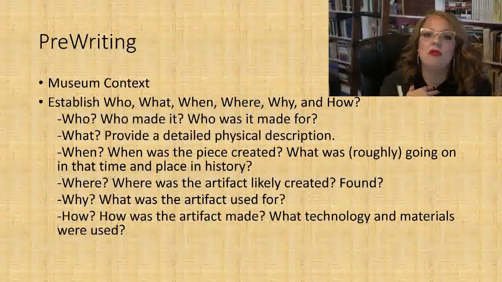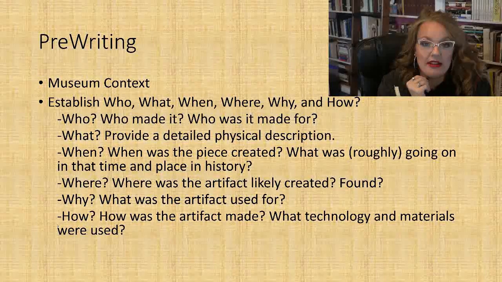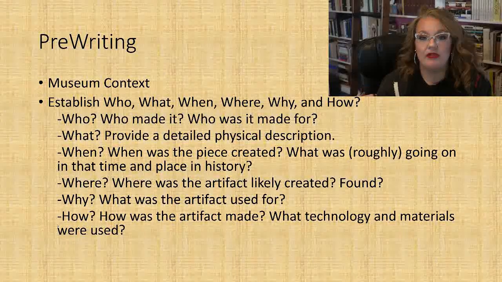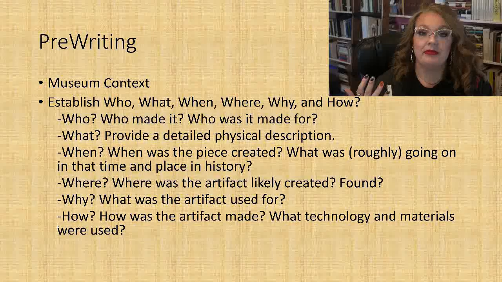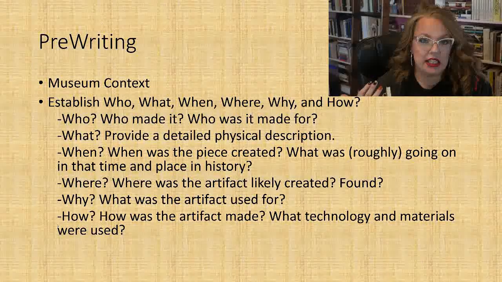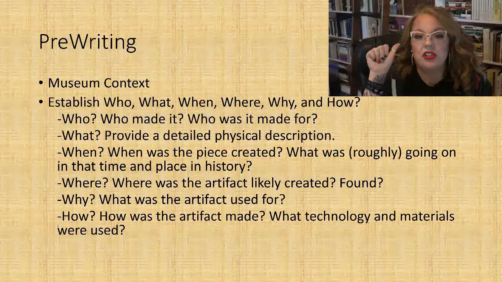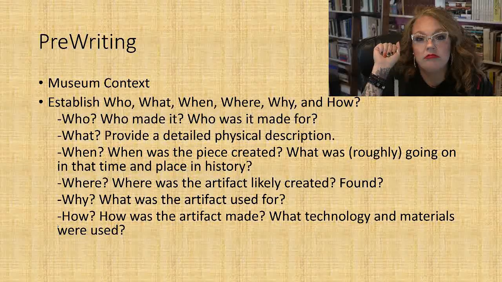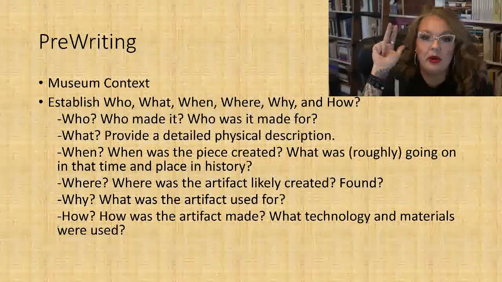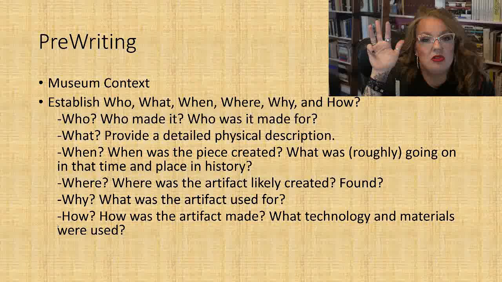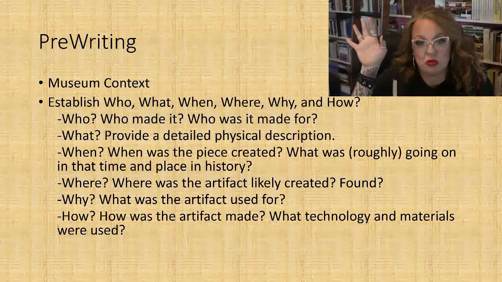So I know for most of my classes, students are asked to find an artifact. An artifact in the humanities is going to be a song, a novel, a poem, a piece of architecture, or any of the other visual arts.